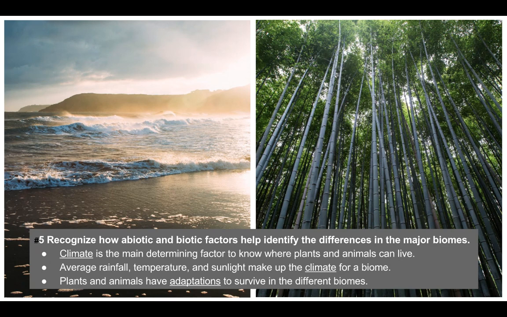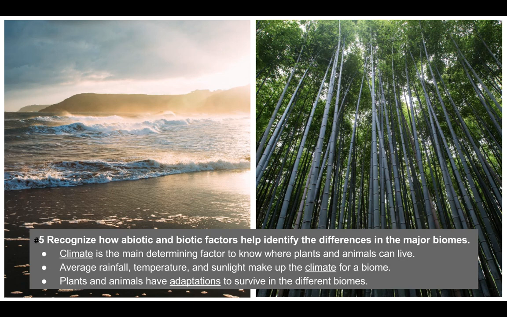Plants and animals have adaptations to survive in different biomes. So adaptations: plants and animals adapt to the weather conditions, the amount of sunlight, the temperature. So some animals and some plants cannot live in our biome because it gets too cold during the winter.